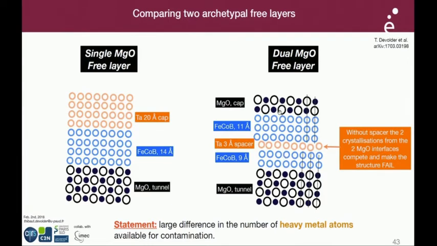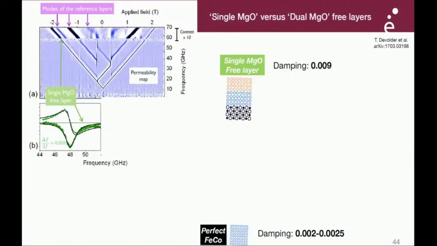So it crystallizes from the two interfaces, and you have to put some glue in the middle so that everything goes smooth when the two crystallization fronts meet each other. This is very qualitative, but effectively this is needed. No spacer, no PMA.